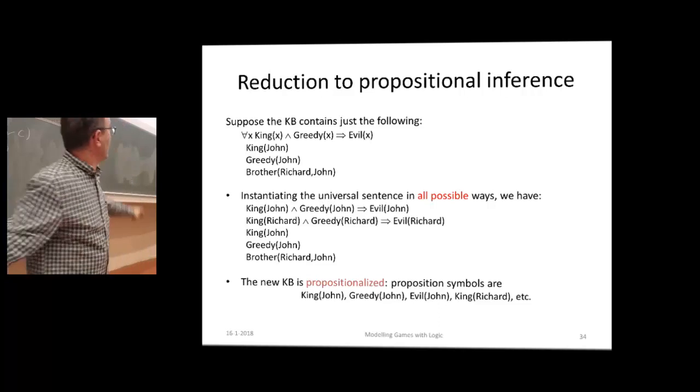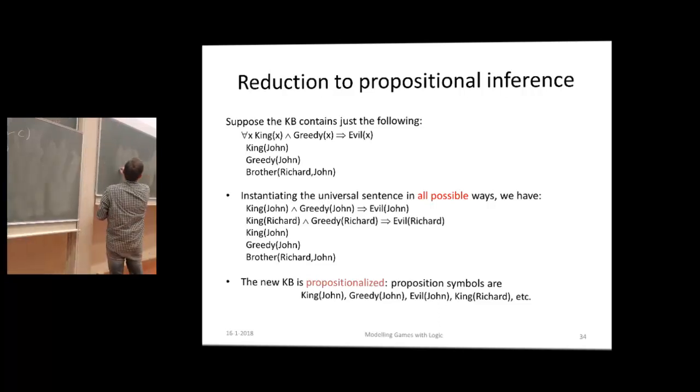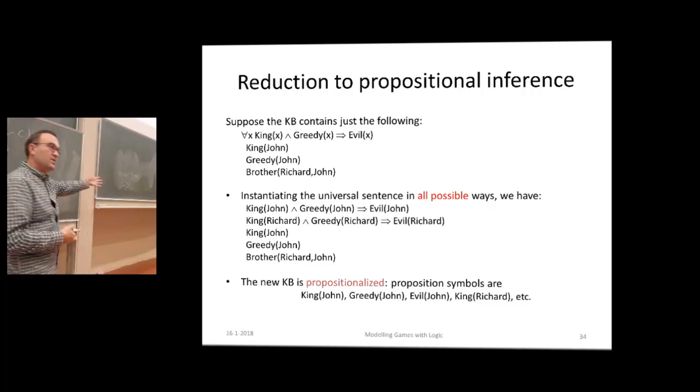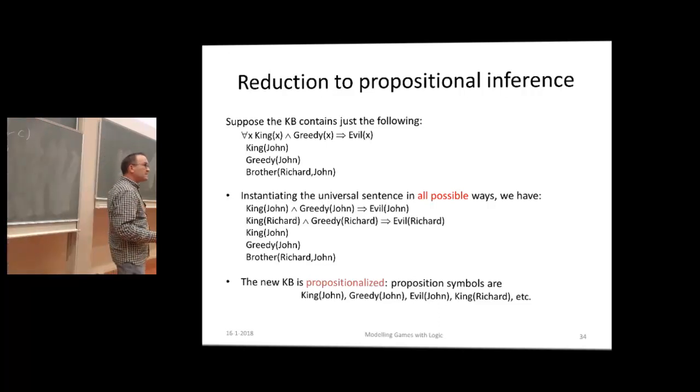And even though this is written as King John, as if this was still a first order function or a predicate, this is also simply a propositional variable, as there is nothing we can do with these things anymore because there are no variables anymore.